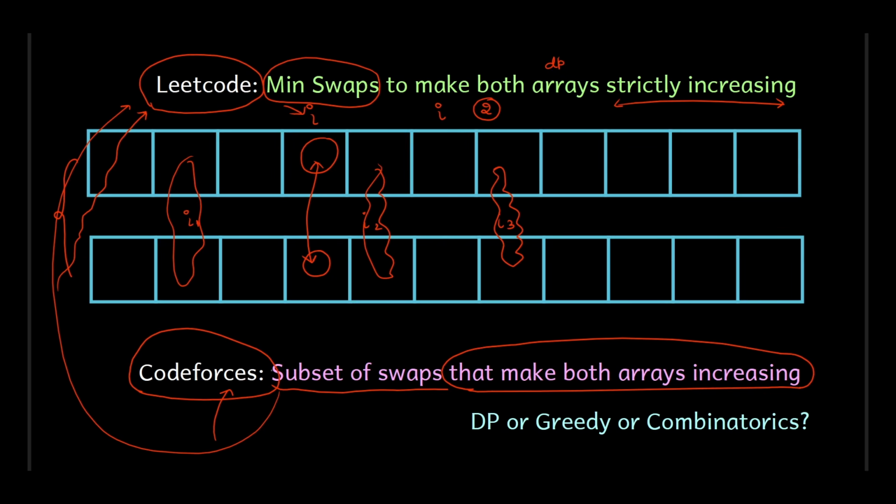Now, of course, even the Codeforces problem sounds like straightforward DP, and it is. You can implement a DP solution just like I told you, where you make two choices at each index. So you maintain a 2D DP, and the second parameter will just be 0 or 1 depending upon whether you have swapped this ith elements or not.